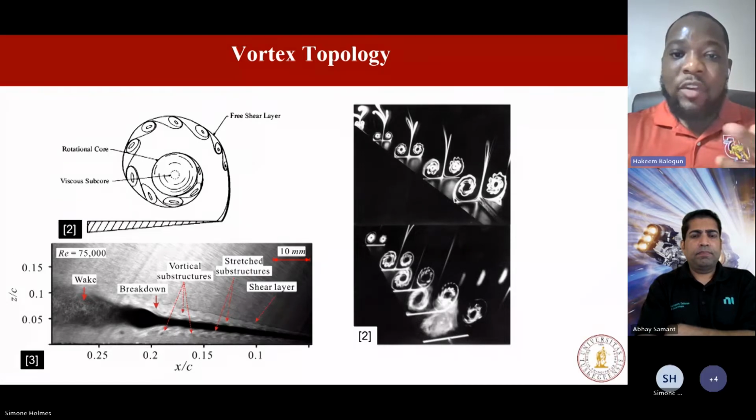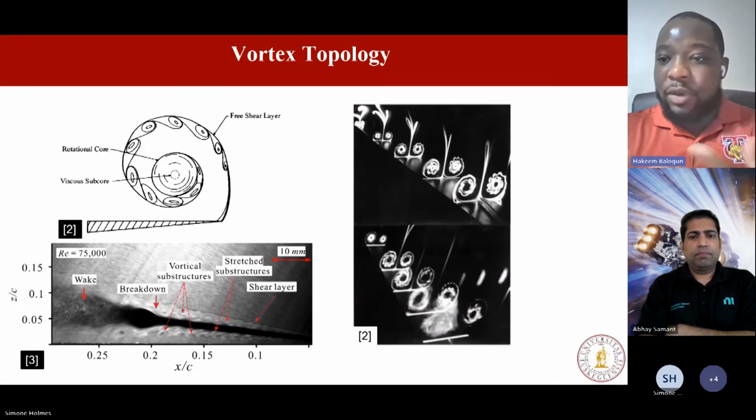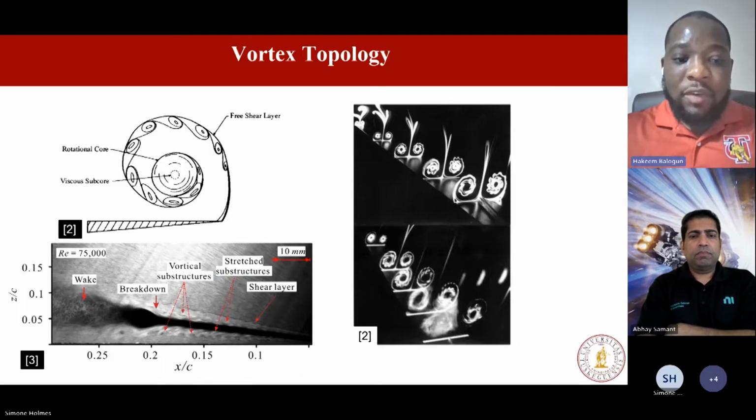As these shear layers curl, they produce strong counter rotating jet like vortices. Something also to note is that the primary vortex structure that we see on the delta wing originates as a series of smaller vortices shed from the leading edge that travel parallel to it, and then that curls into the concentrated counter rotating jet like vortex that we normally see.